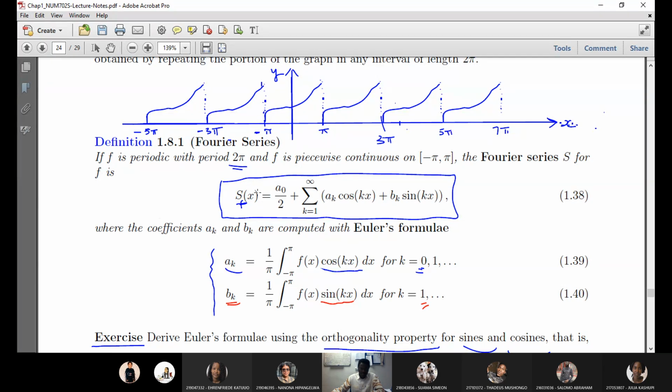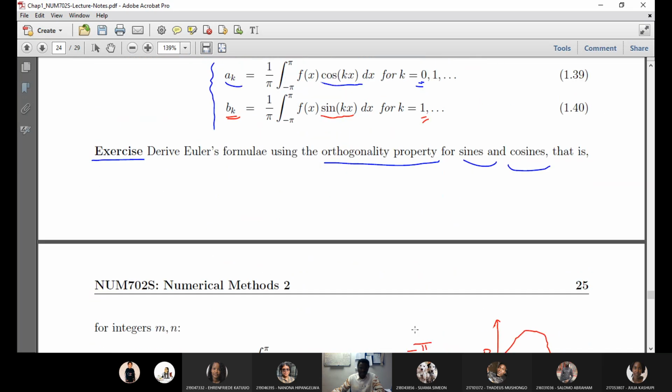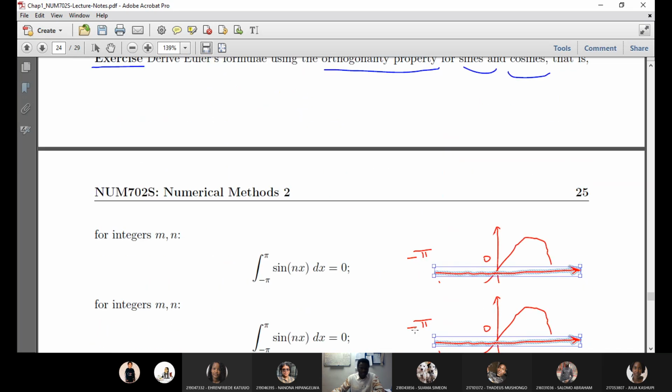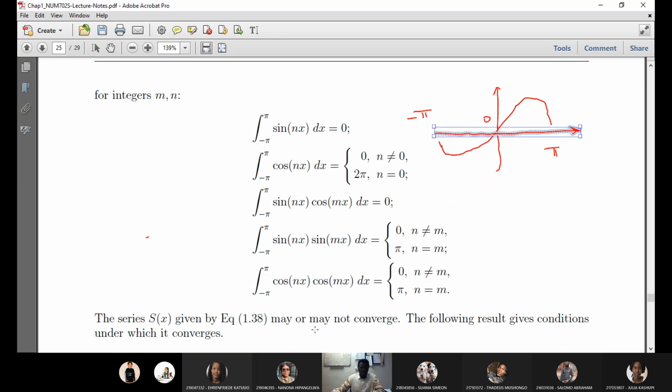So if you write F equal to that, then you multiply. You see what you have here. You have F of X here, then you multiply by cosine K prime X or cosine N X, and then you integrate on both sides, and you use one of these formulas, which is our orthogonality property. So you use this orthogonality property to solve for your AK and for BK, right?